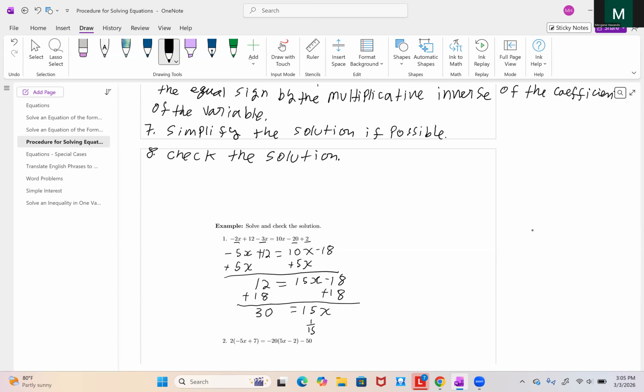So we multiply both sides by 1 over 15. 30 times 1 over 15 is 30 over 15, which is 2. 1 over 15 times 15x is 1 times x, which is x. So the solution is x is equal to 2. We need to check.